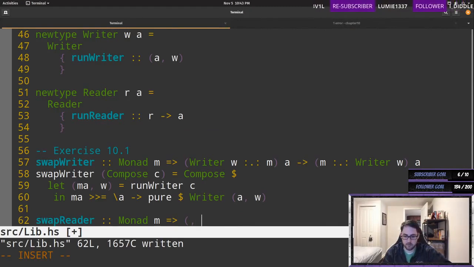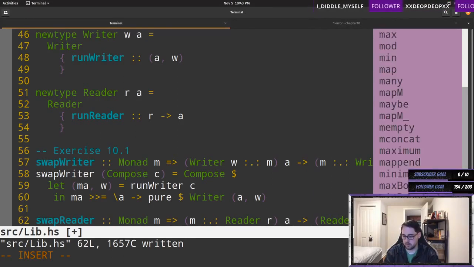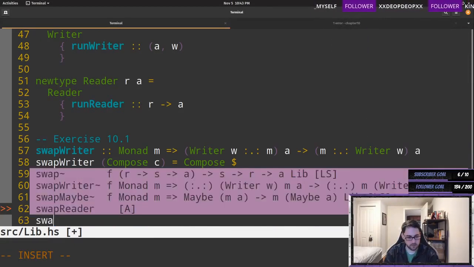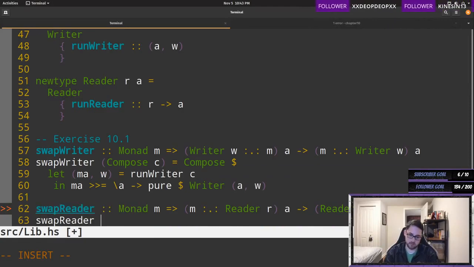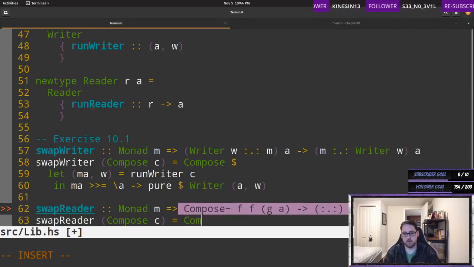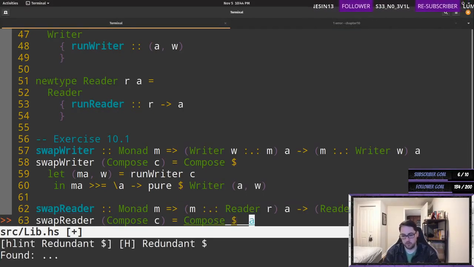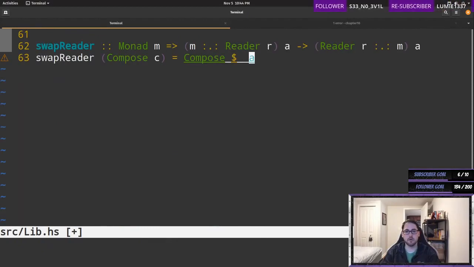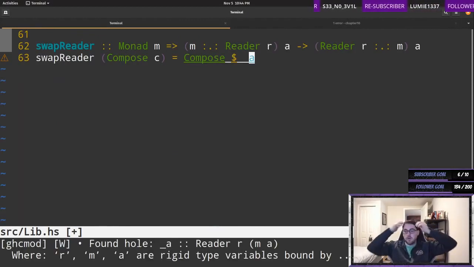So monad colon reader R A to reader R monad A. Swap reader, compose C equals compose $ whole. Okay.